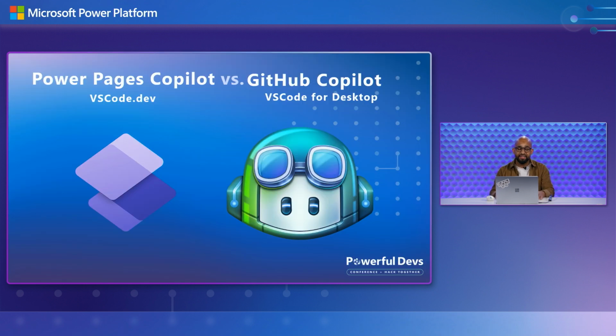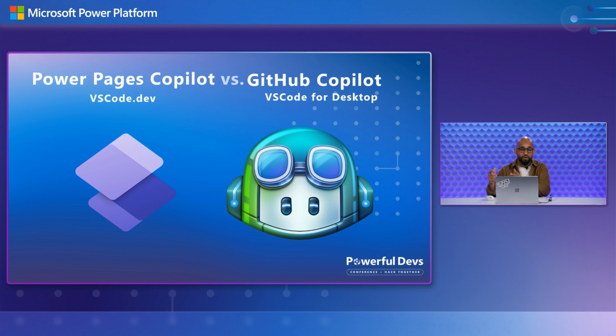All right, up next, let's talk about the difference between Power Pages Copilot and GitHub Copilot. Microsoft makes Power Pages Copilot available within the VS Code.dev IDE or experience. So when you go to Power Pages, you click to edit code, you get a pop-up on your browser, and you see a Copilot there.